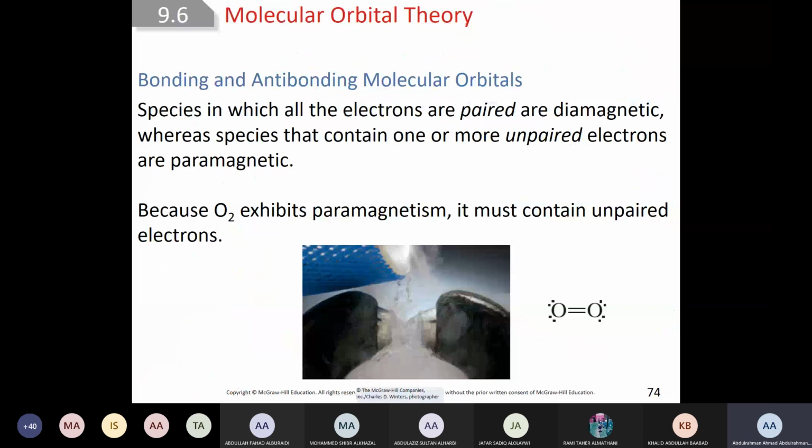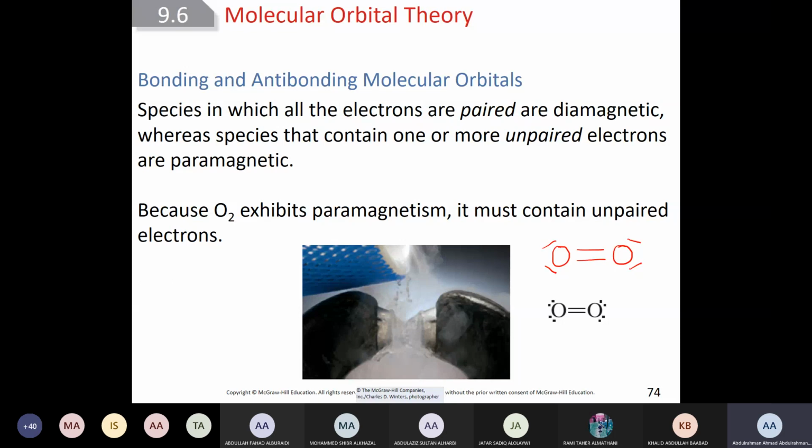Now, next. If we have oxygen, this is oxygen and this is the magnet. If we use the valence bond theory, we find that all the electrons here, look at the electrons, are paired.